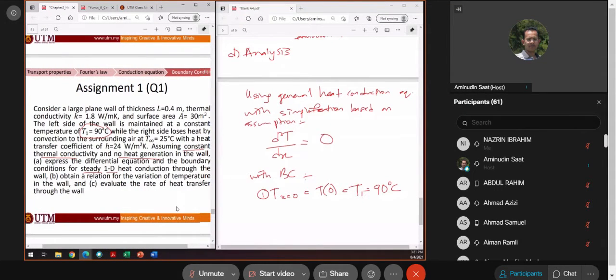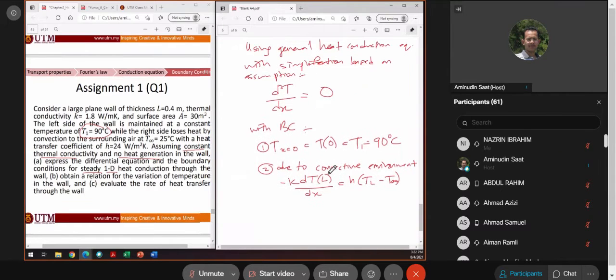The second condition, due to the convective environment, the boundary condition is negative k dT at L divided by dx equals h times T at L minus T of the surroundings.